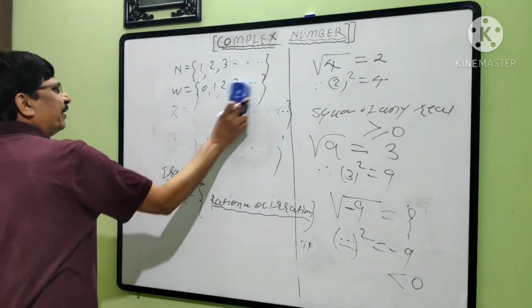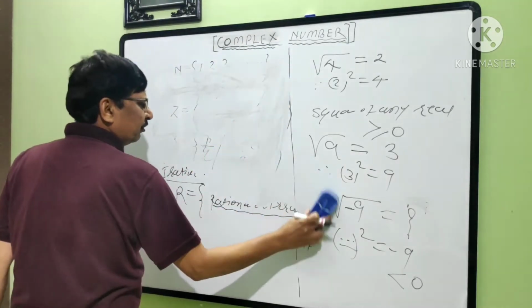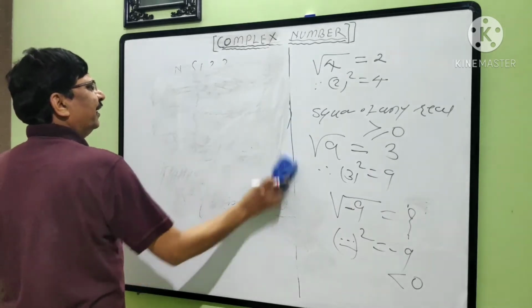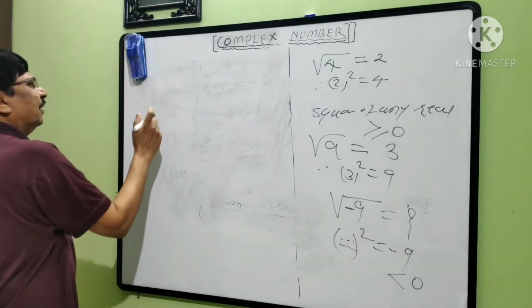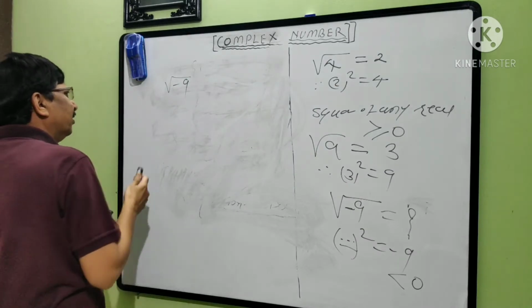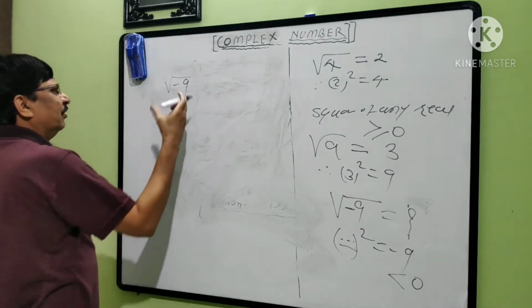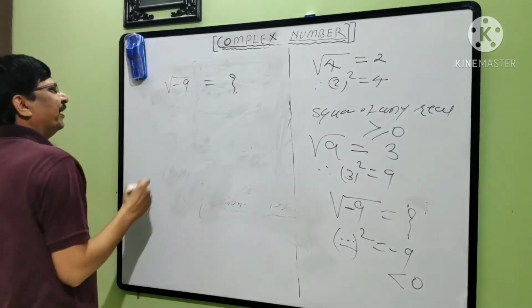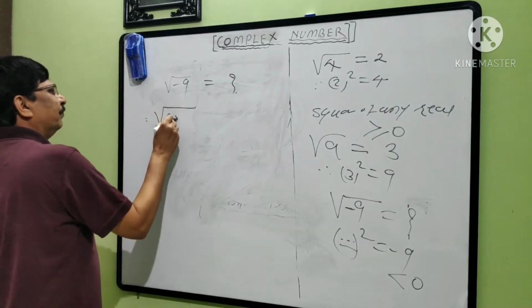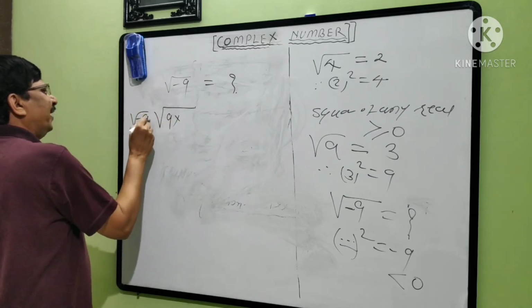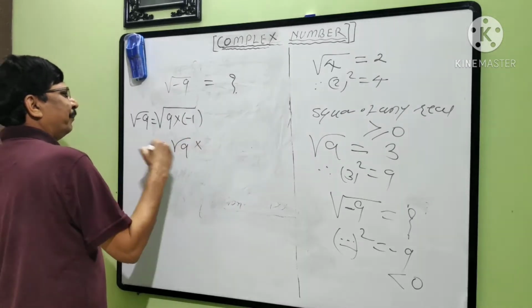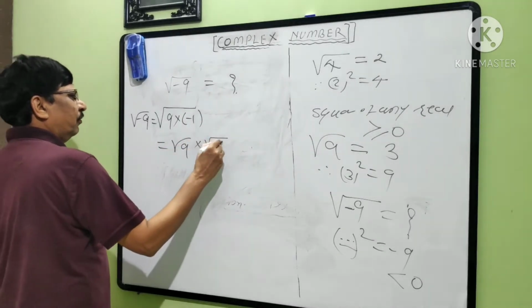That's why we have developed other numbers. Suppose you want to find the root of -9. There is no real number whose square is -9. For that we can write the root of -9 as root 9 into root of -1.